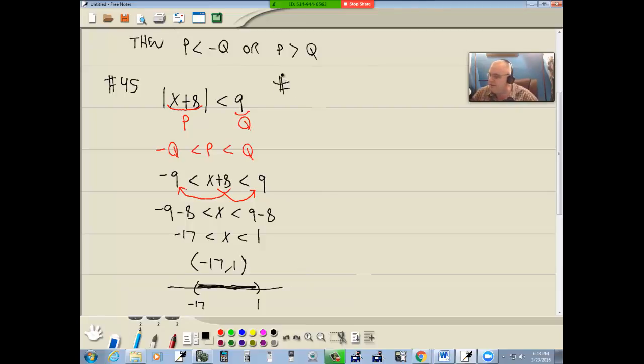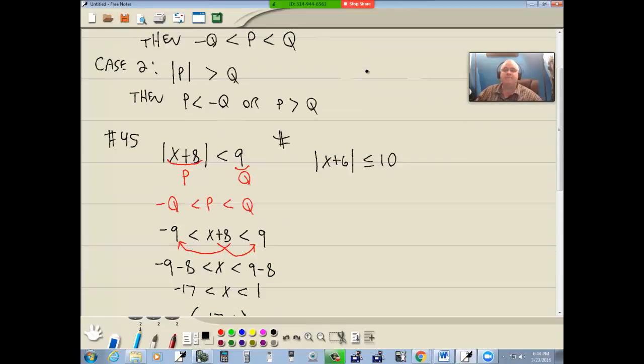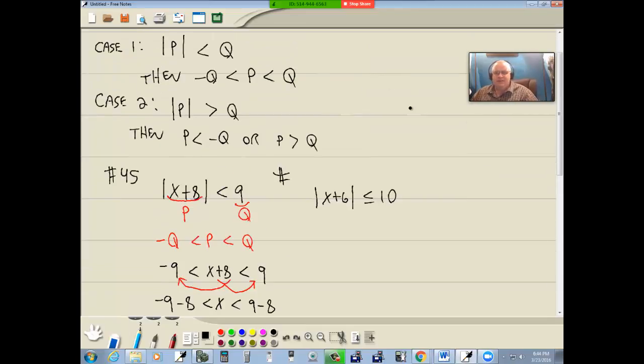Now let's look at number 46. We got the absolute value of x plus 6 is less than or equal to 10. Now it's not quite the same. This is less than or equal to.